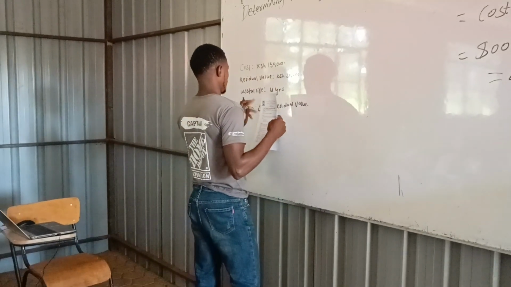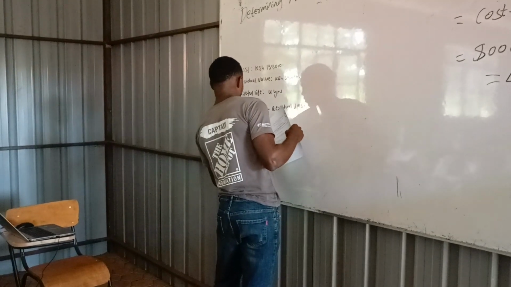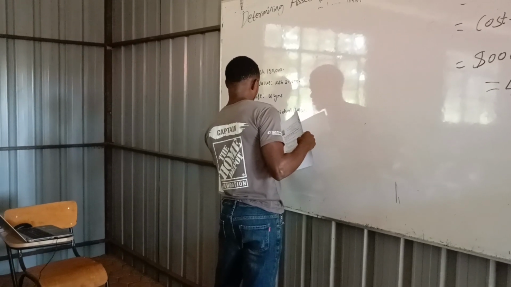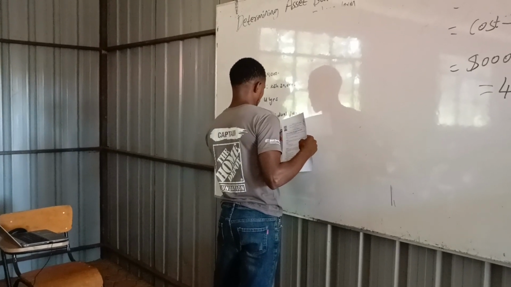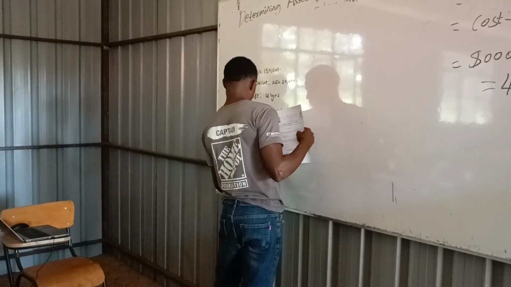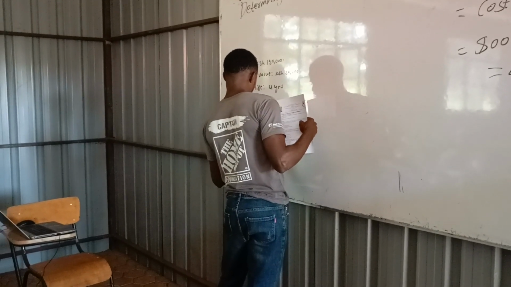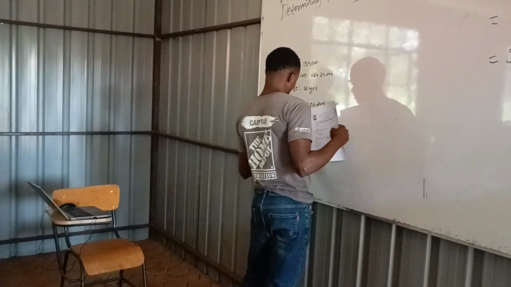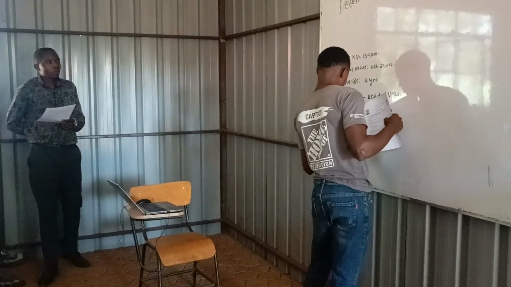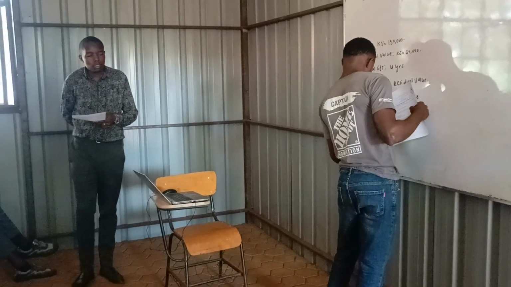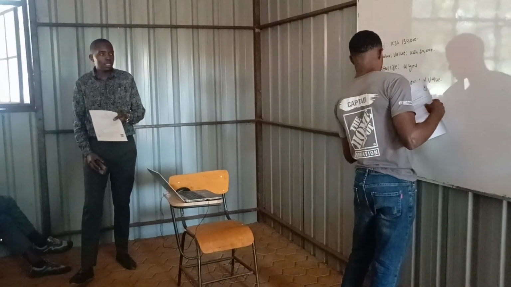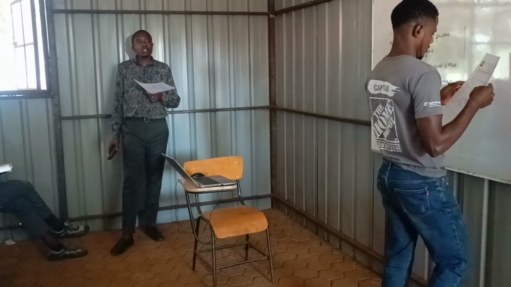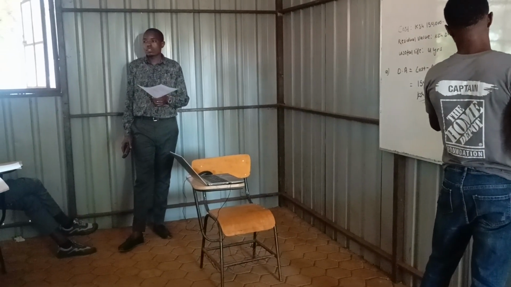In place of cost we put 50,000 minus 10,000, which gives 40,000. We forgot to put the currency. Yes, that is very important. You must always write the currency. You don't know whether it is 40,000 goats or cows.